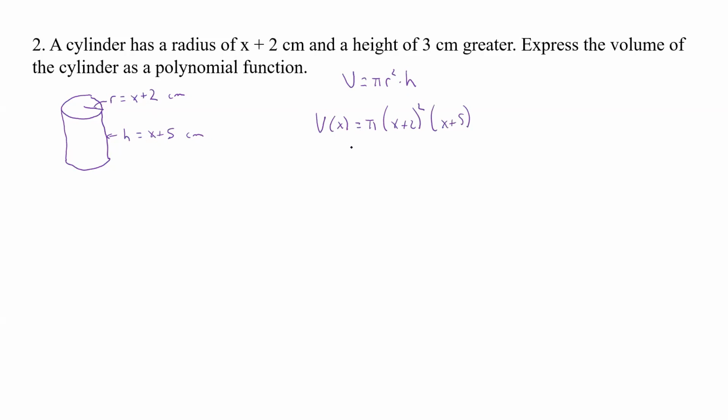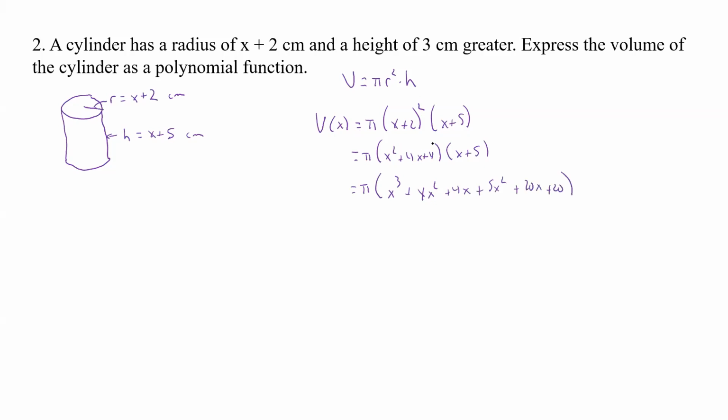All right. So that's going to be pi times, and if we square that, that's x squared plus 4x plus 4, and then that's still times x plus 5. Okay. Now if we FOIL that out, rainbow it, however you want to look at it, we take x squared times x, so that's going to be x cubed, 4x times x, so that's plus 4x squared, and then 4 times x is plus 4x, and we take 5 times everything, so plus 5x squared, plus 20x, plus 20.